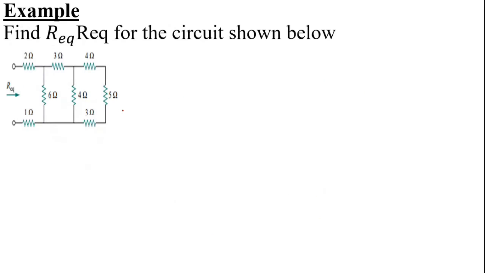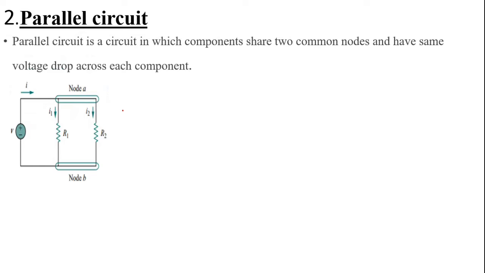And here is the parallel circuit. Like a series circuit, a parallel circuit is a circuit in which components share two common nodes. As I told you, a node is a point at which two or more elements are connected.